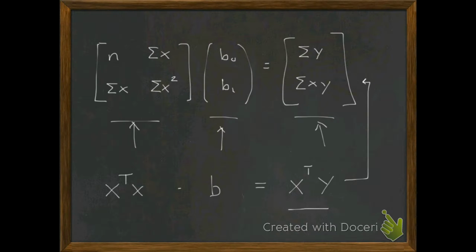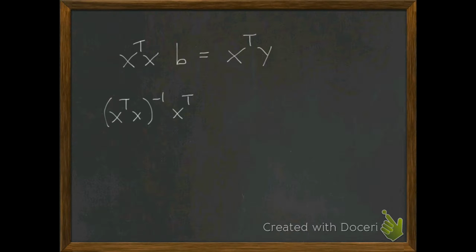So from this, it's easy to see that if we have x transpose x beta equals x transpose y, that we can multiply the left side times its inverse.